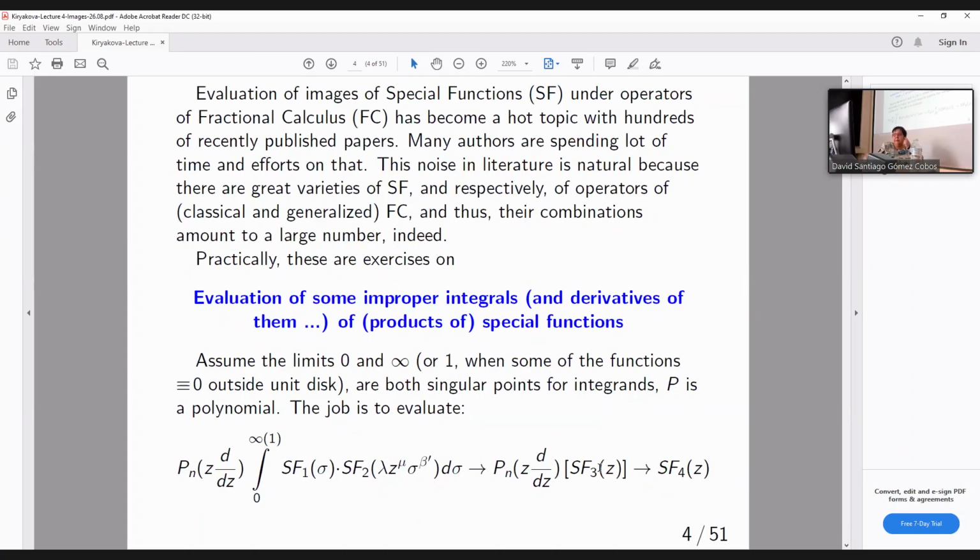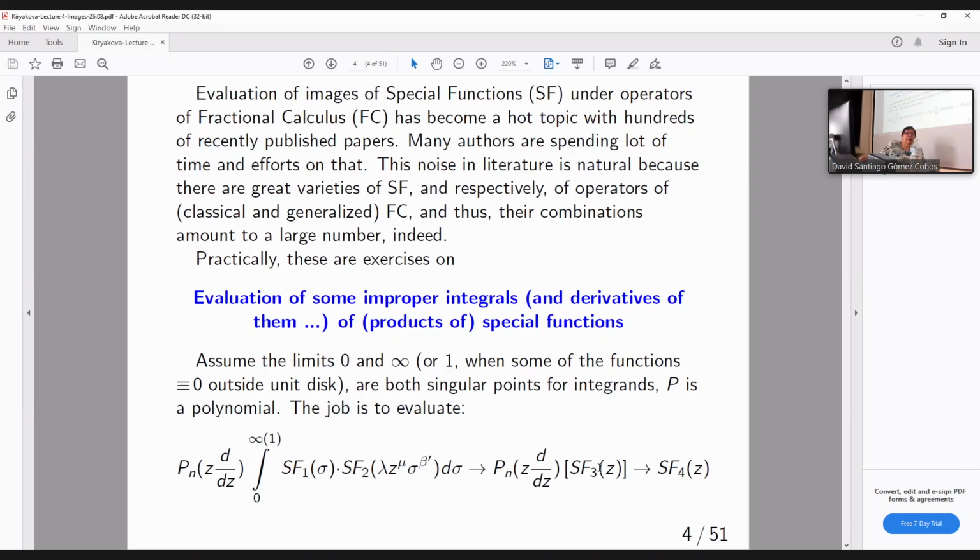So, what about the evaluation of images of special functions under some operators of fractional calculus? It has become a very hot topic, a topic of dozens, but maybe now 100 papers by different authors that find places in comparatively good journals. They are published, but they ignore that all this is known.